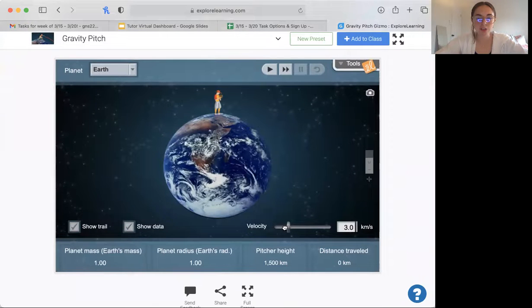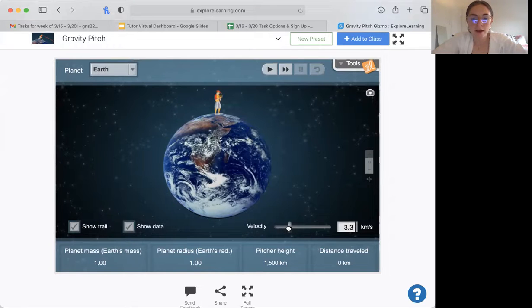So say we want to change the velocity down here to 1 kilometer per second. We can hit play. The ball does not go very far. It's not enough velocity. So we could try something a little bit more.